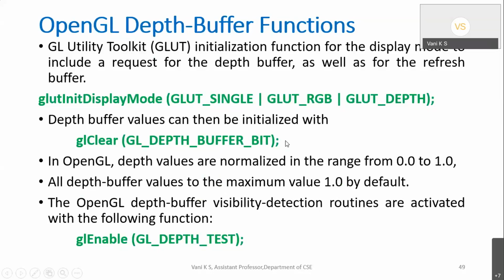Once you call this routine, all the depth pixel values in the depth buffer will be set to 1.0. So here you are telling the display mode to consider the depth information, here you are telling the depth buffer to be cleared and set to 1.0, and here you are telling it to activate the algorithms.